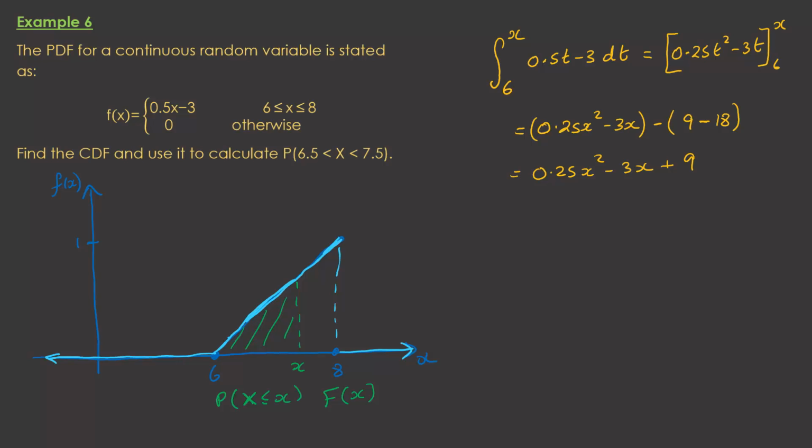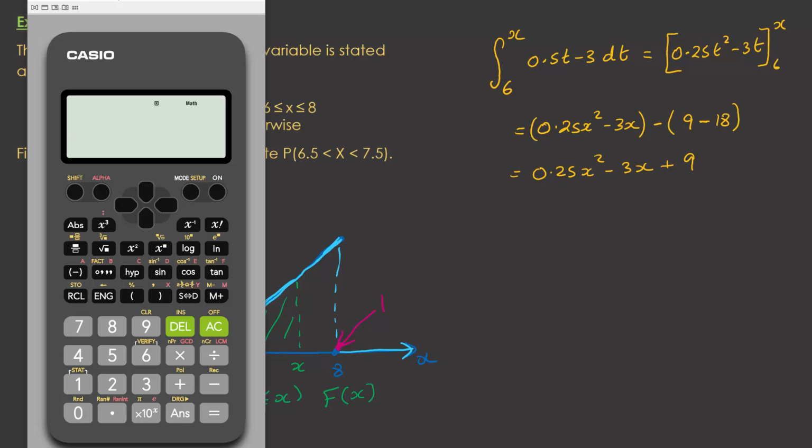Now, to make sense, of course, that has got to be 0 here and 1 here. So let's just check that. So I've got 0.25 times 6 squared, take away 3 times 6, add 9, and that is 0 at the bottom end.